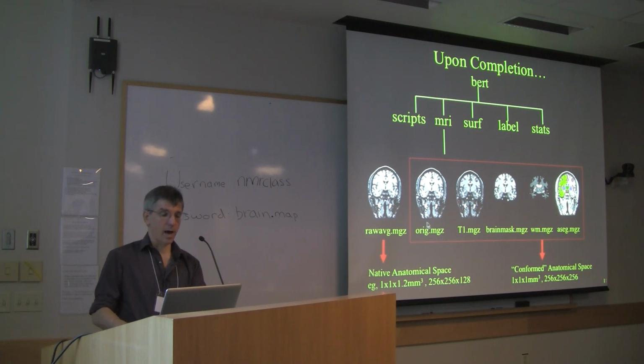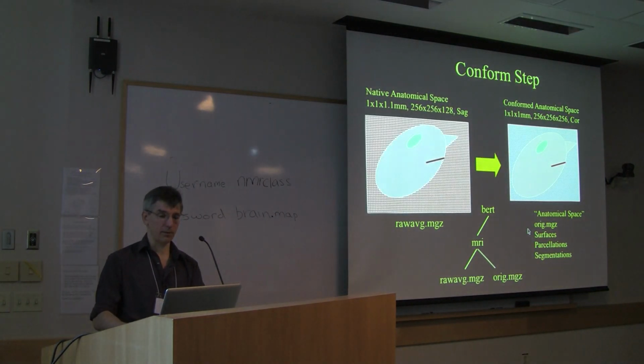Everything else will have been created in what we call conformed space, which is 1 millimeter isotropic, 256 cubed. This is a little bit historical for FreeSurfer. If your data started as, say, 1 millimeter by 1 millimeter by 1.1 millimeter, 256 columns and rows and 128 slices, then that's what your raw average would look like.